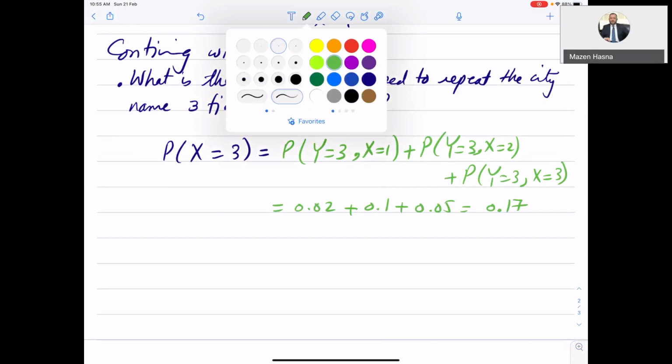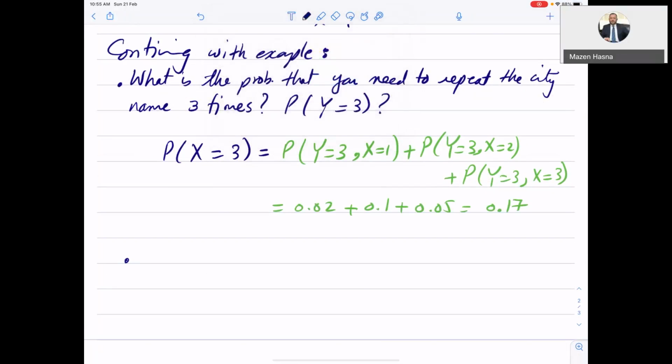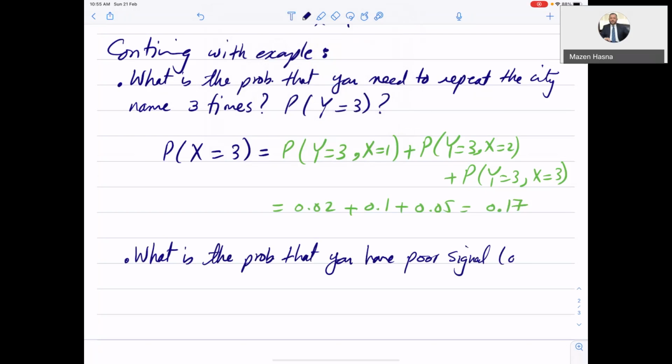Similarly, we can ask, what is the probability that you have poor signal, which means 1 bar on your phone.